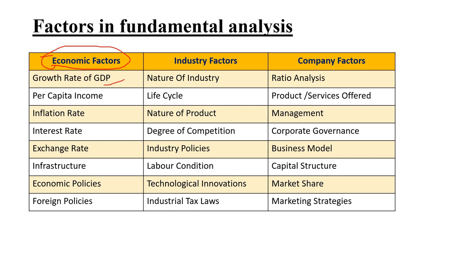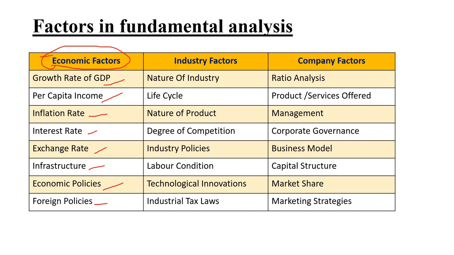The growth rate of GDP will affect profitability, as will per capita income, inflation rate, interest rate, exchange rate, infrastructure facilities, economic policies, and foreign policies. These are the different factors we study under economic factor analysis.